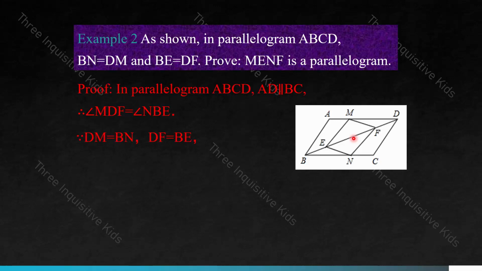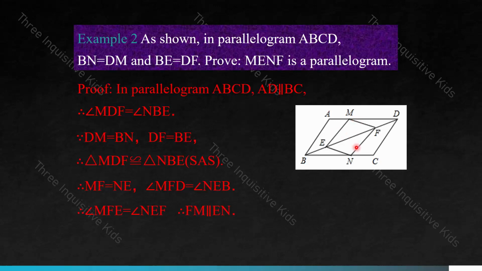Because DM is equal to BN and DF is equal to BE, triangle MDF is congruent to triangle NBE through side angle side. So MF is equal to NE and angles MFD and NEB are equal. So from this we know that angles MFE and NEF are equal and MF is parallel to NE. Quadrilateral MENF is a parallelogram.